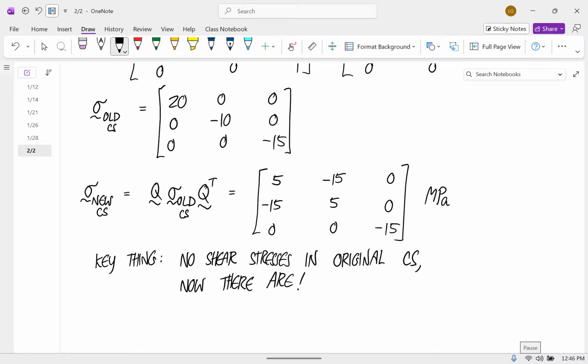And that's getting at a really important fact. For any state of stress, there's a coordinate system where you have the biggest normal stresses, and there's also a coordinate system where you have the biggest magnitude of shear stresses.